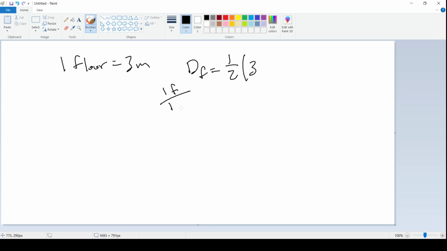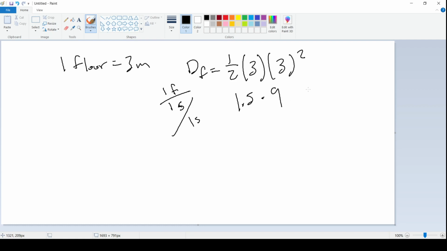So 1 floor over 1 second, right? And all that over 1 second. So that's this per second. So 3. And then we're going to put what over here? 3 seconds squared. Okay, so 1.5 times 9.